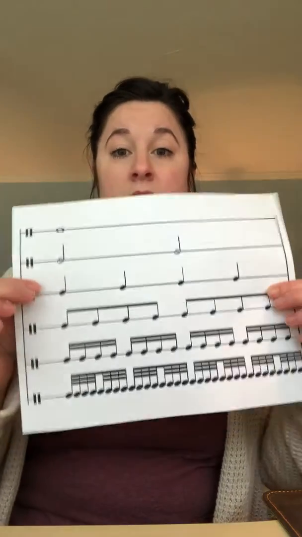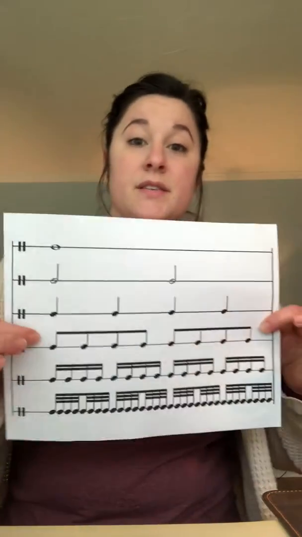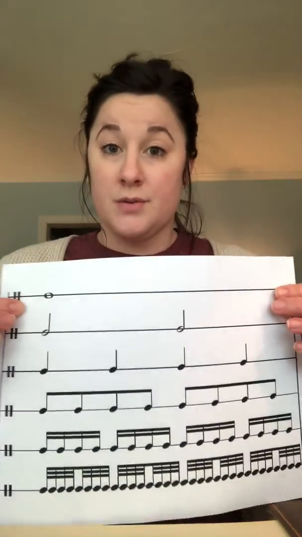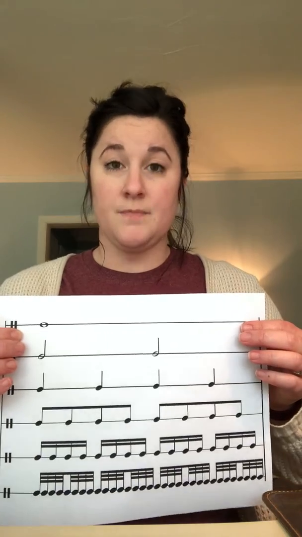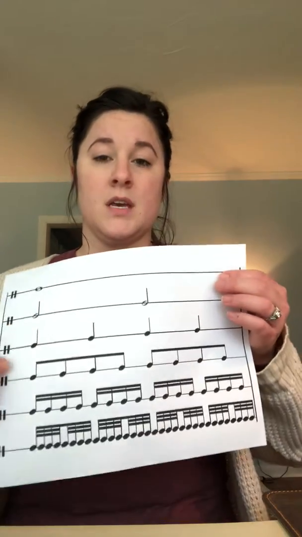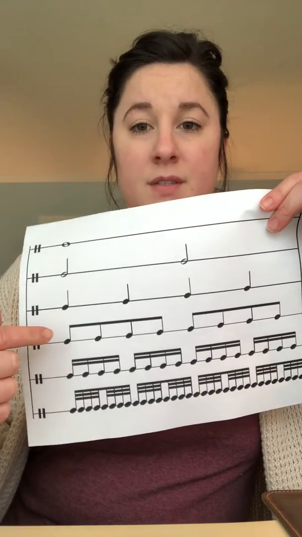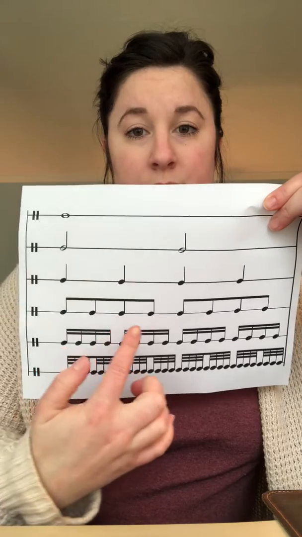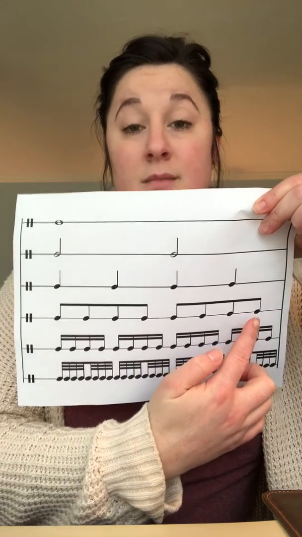All right, now this next line, ooh, we've got a lot more notes right here. These are eighth notes. So an eighth note is worth half of a beat. Can you count how many eighth notes are right there? How many eighth notes does it take to equal your whole note? 1, 2, 3, 4, 5, 6, 7, 8.